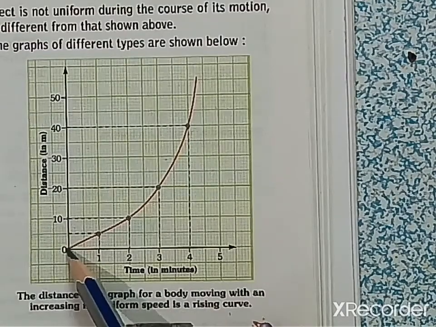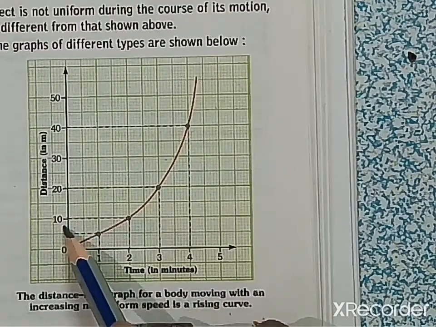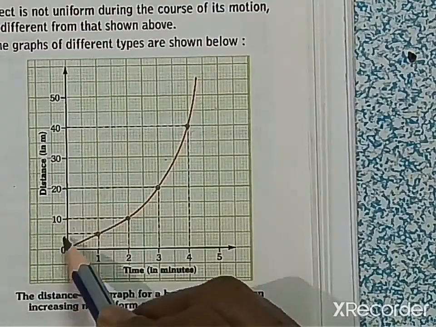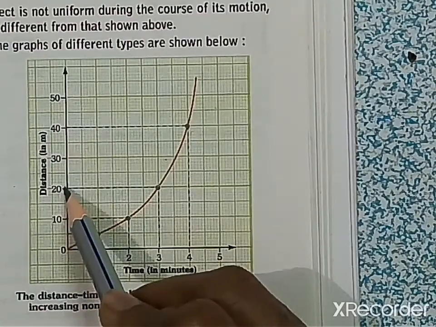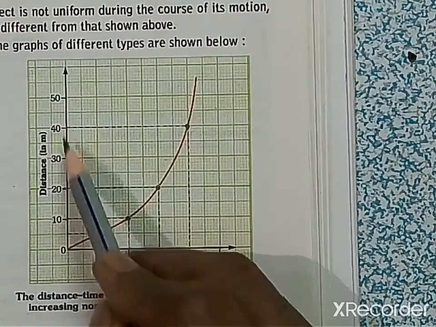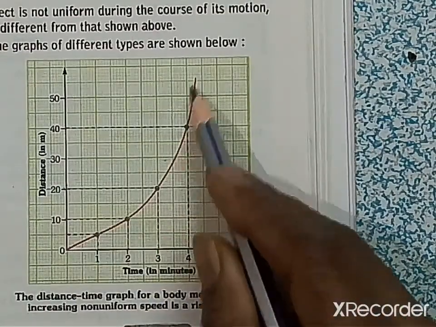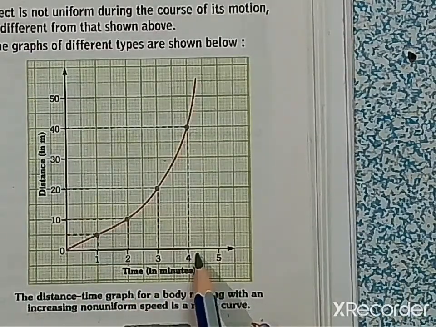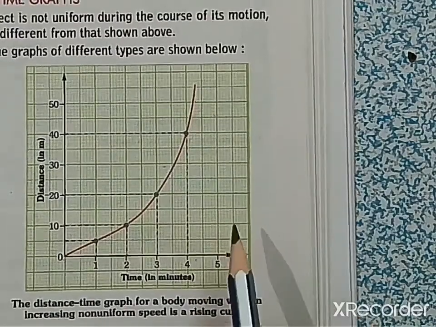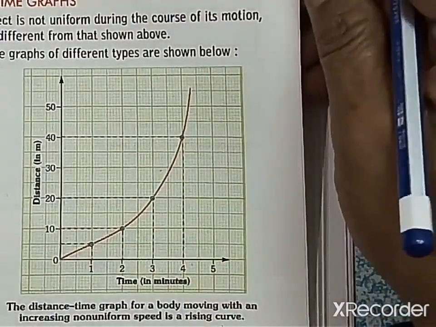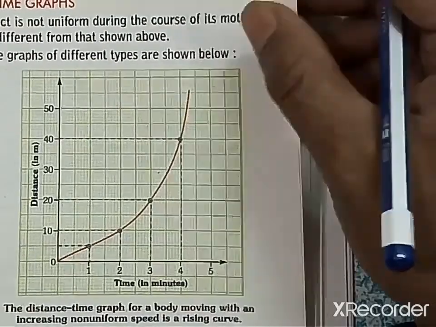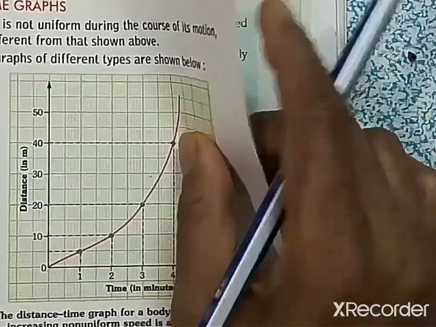Here 10 meter is there, then 20, here again 10 meter, here 5 meter is there, then here you can see from 20 to 40, so 20 meter is increased. So this distance is increasing with the time, so it is non-uniform motion. Okay, and it is a curved graph of distance time, increasing.